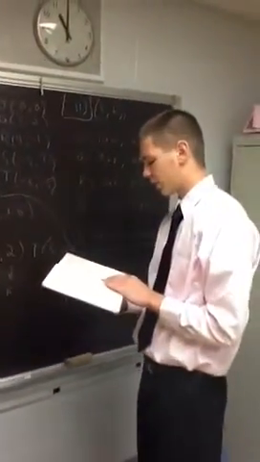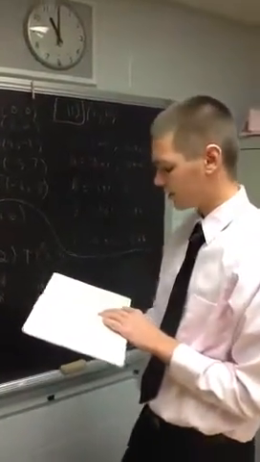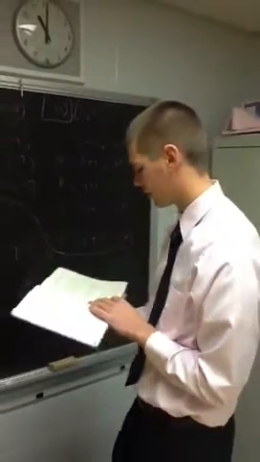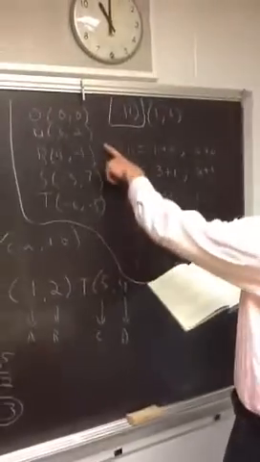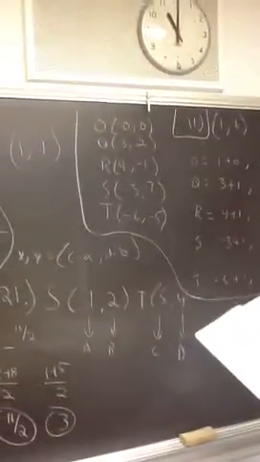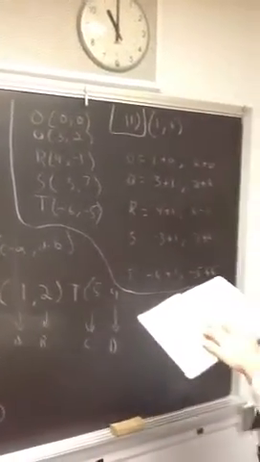We're going to look at the next section now. It says find the coordinates of the terminal point of the geometric representation of the given vector if the initial point is whatever it says in your book. Here are all the points that you have, and we're going to look at number 11 with the coordinates 1, 6.